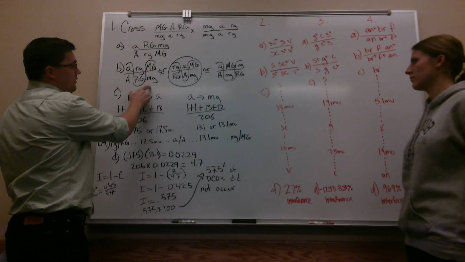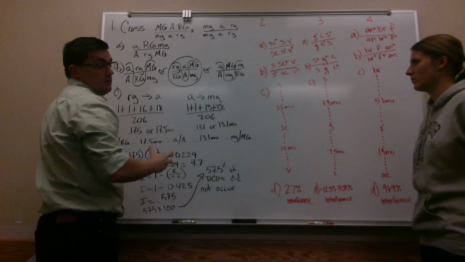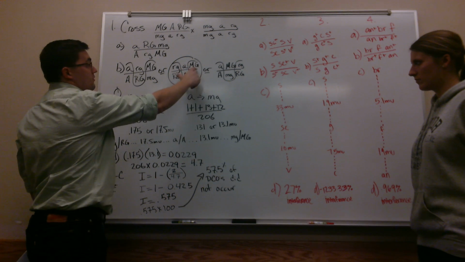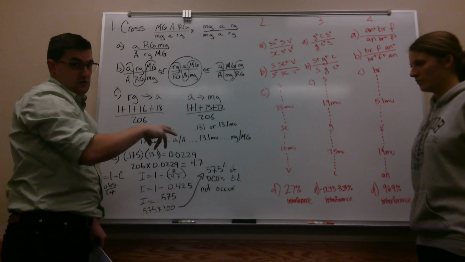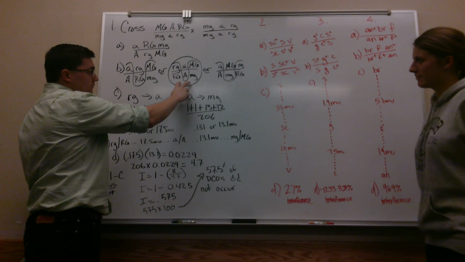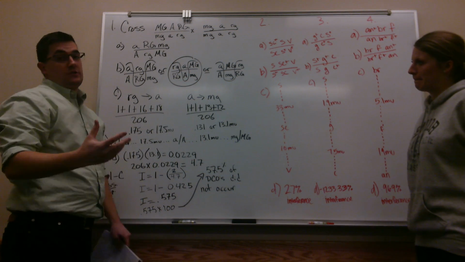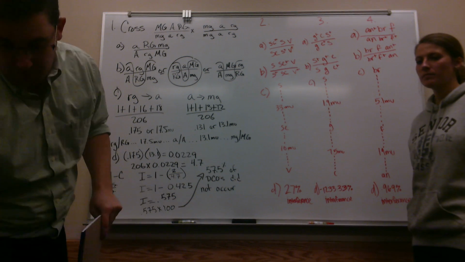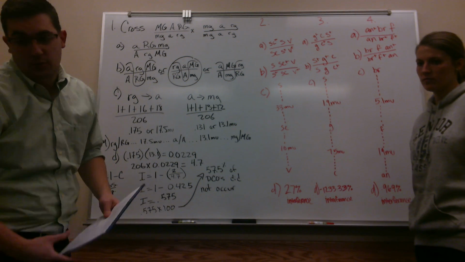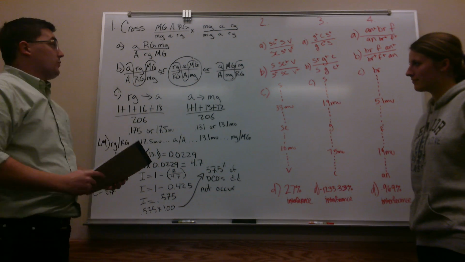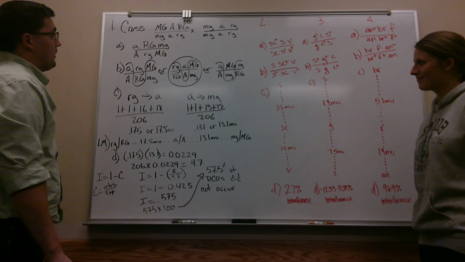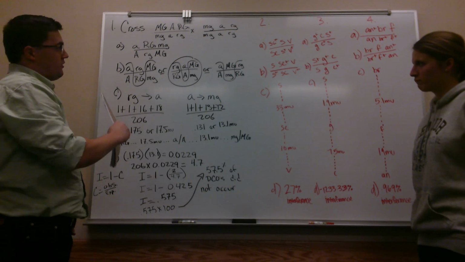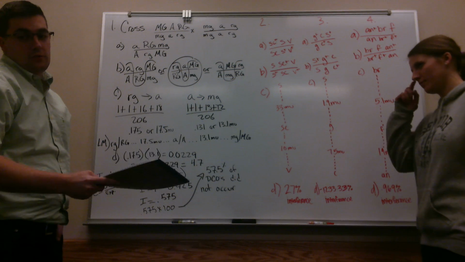You do that for the 3 different options, and these can be MG over here, RG over here, it doesn't matter as long as the center one is changing. This one right here matches the phenotypes that we have, so we decided that this was the gene order. The gene order is A in the middle, with RG on the left or right and MG on the left or right.